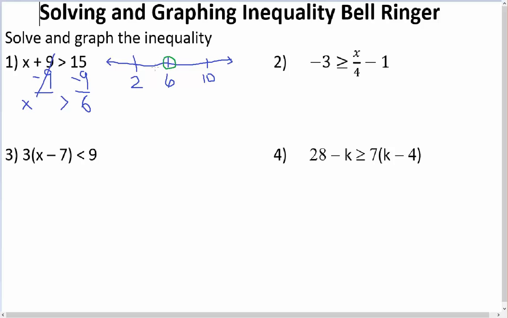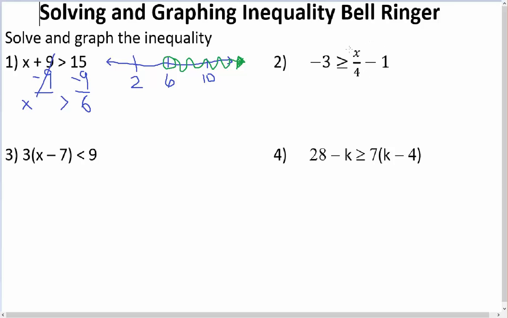Since the inequality is greater than, it doesn't have the equal sign on it, we're going to leave it open because 6 would not work for this. And the way we shade is numbers bigger than 6. So we're going to shade to the right by doing that little silly squiggly line looking thing that I do.